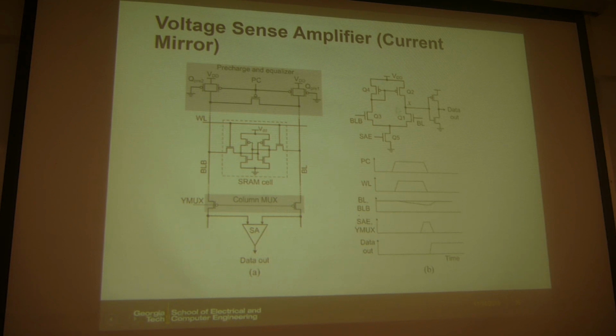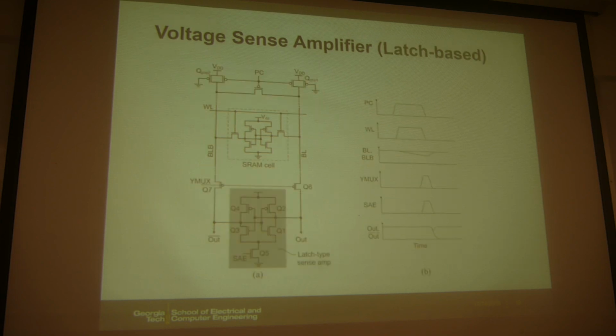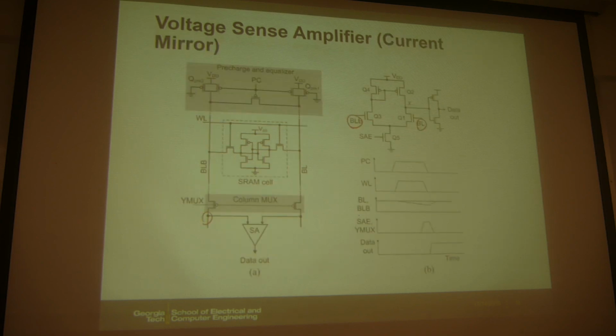For example, here, this is the simplest differential amplifier. So you have the 2 bitlines where you get the bitline voltage or bitline bar voltage as input to the differential pair of this one.